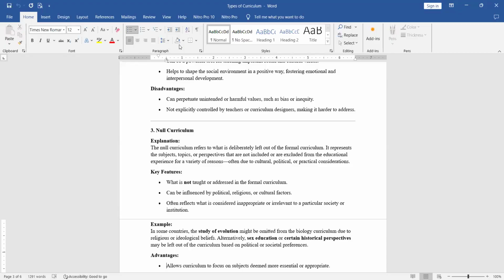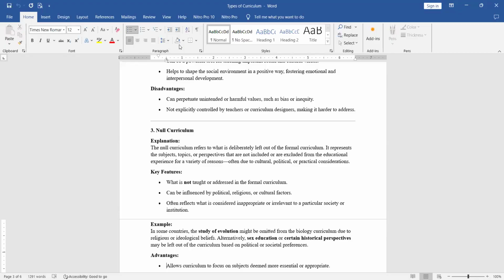But if you go to some other developed countries, European countries, they start sex education in primary school itself, right? But we have deliberately left it out because it's our culture, it's our attitude, it's our thinking. Because of that, they are deliberately not put into the formal curriculum. That is the null curriculum.